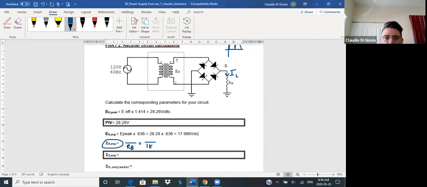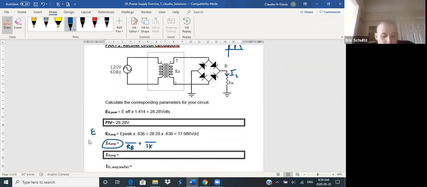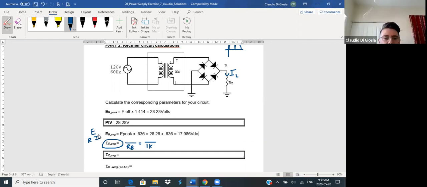Okay, so now here, since I'm looking for I, remember the Eric, not Schultz, the pyramid, triangle. Okay, so if I'm looking for I, cover the I, I'm left with E over R. But which E do I use?